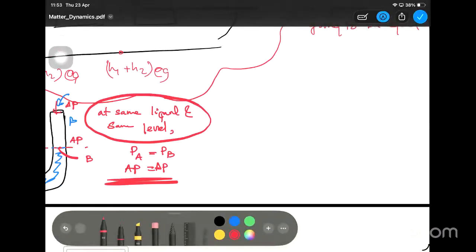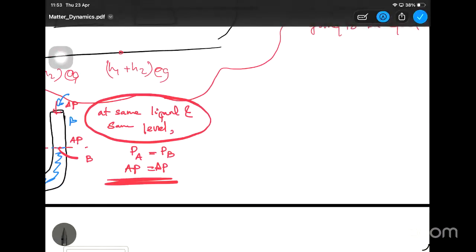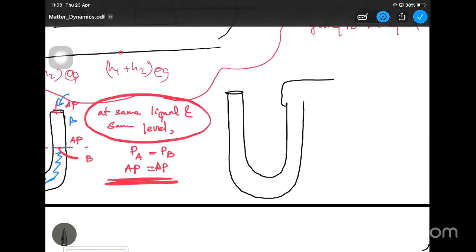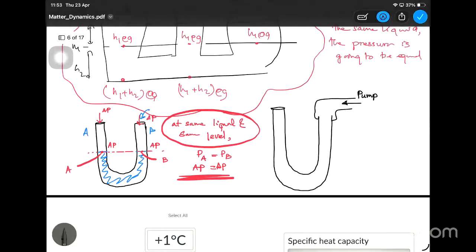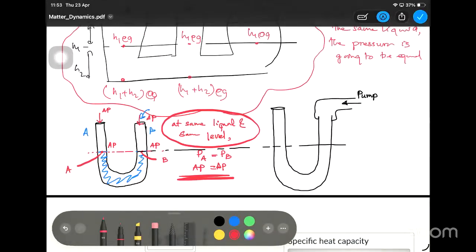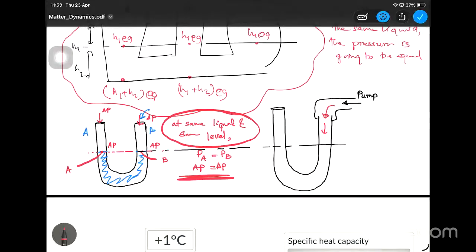But just imagine, now I am applying external pressure here. I'm going to connect it to a pump, so from here there's an external pressure applied. In the first case, the liquid levels were here, but now you are experiencing external pressure from here. Now what will happen? The liquid level will be pushed down here, and here the liquid level will go up.